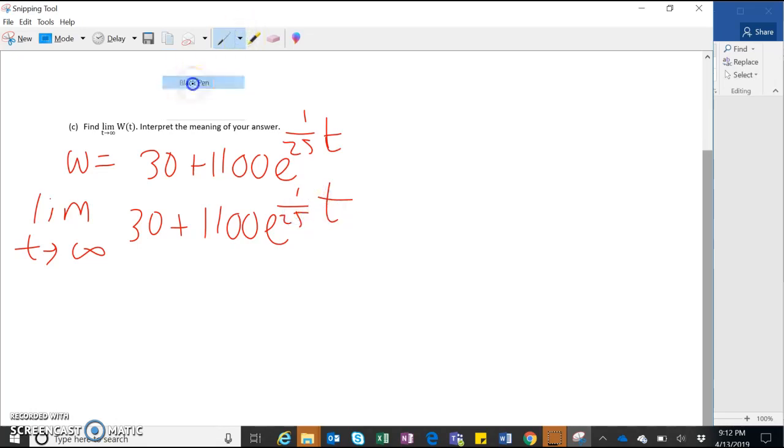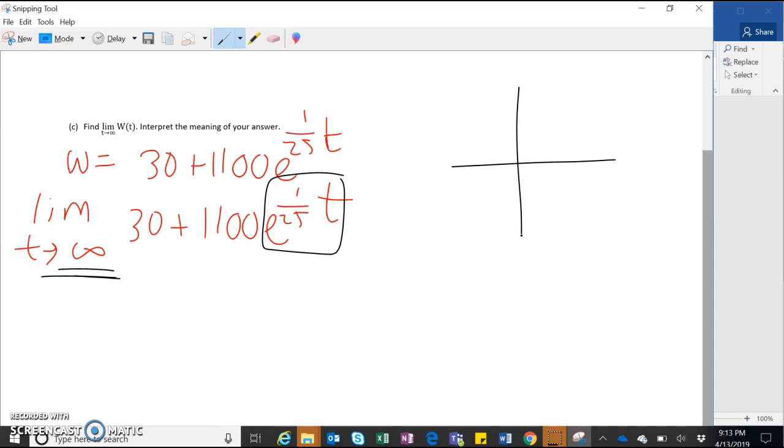So what I'm really drawn to here is this exponential. That's where the variable is. I want to know what happens to that function as t gets larger and larger and larger. So there's a way to do this analytically. Plug in a big number, take 1/25th of that big number, put it on an e, multiply by 1100 and add 30. I always try to tell you to do this visually.